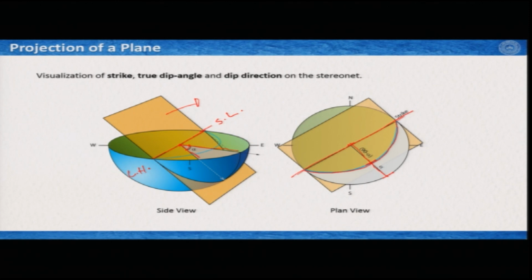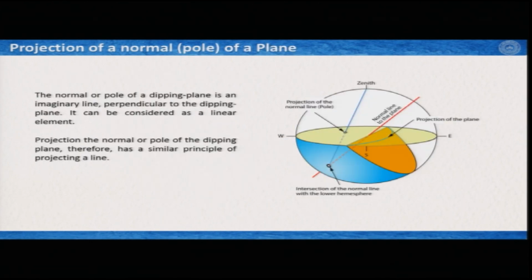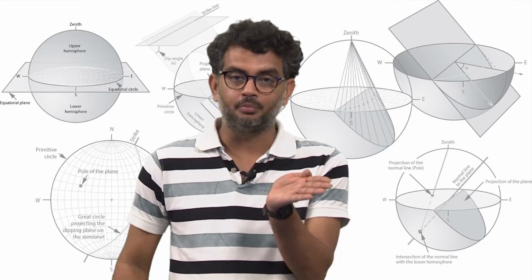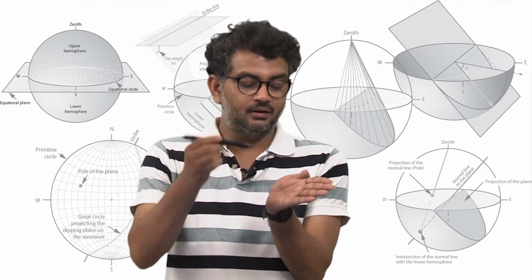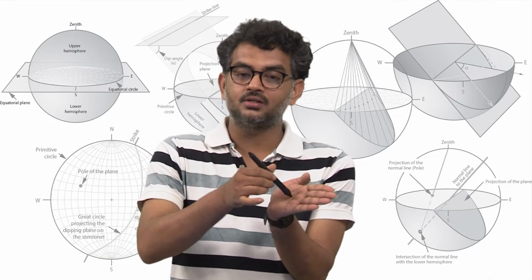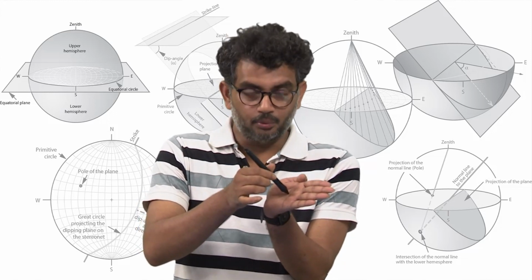Let us have a look at how to plot the pole of a plane, or what the theoretical ideas are when we plot the pole of a plane on the Stereonet. The pole of a plane is nothing but the normal line to the plane. So, if I have a sloping plane like this, then the normal to the plane is the pole of this plane.